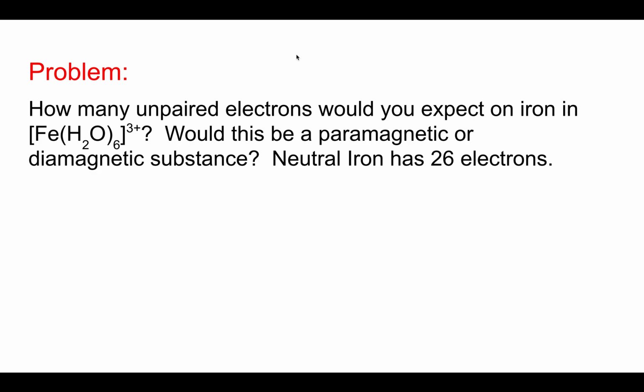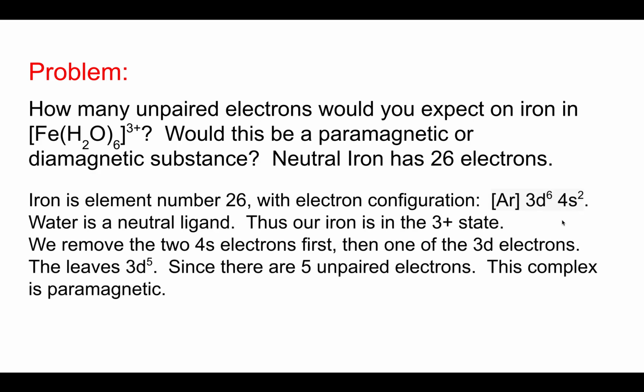We take away the 4s electrons first, and then we take away one of the 3d electrons. So we're left with a 3d5 compound. Since we have a 3d5 compound, there are 5 unpaired electrons. So this complex would be paramagnetic, okay?